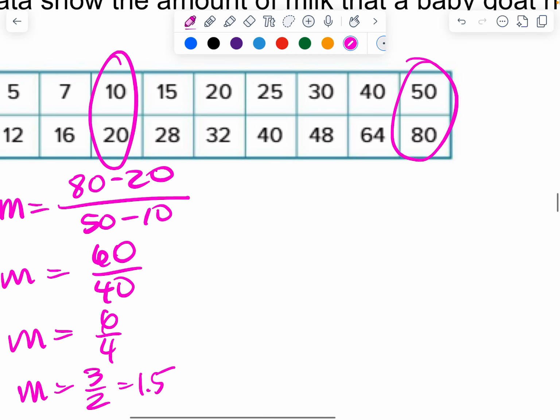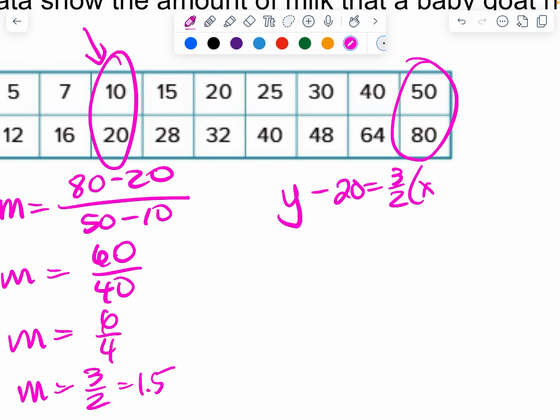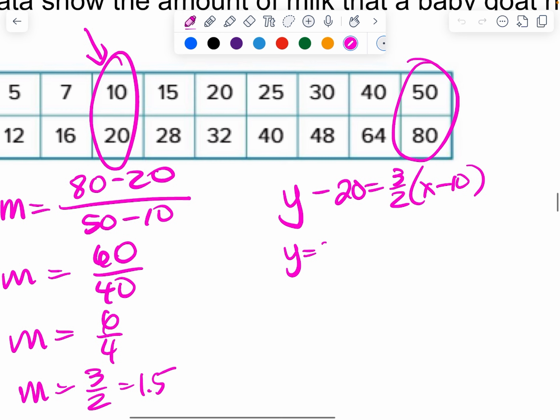Which point am I going to use? I'm going to use this first one. So y minus 20 equals, oh, I like 3 over 2 better. I'm going to use 3 over 2 times x minus 10, equals 3 over 2 x minus 2 goes into 10 5 times, so that's 15.